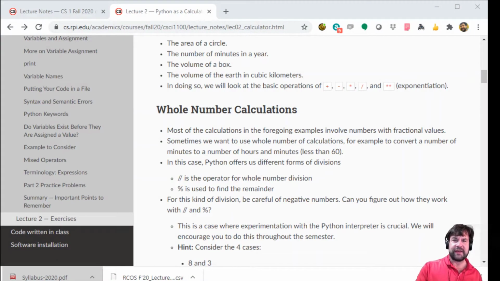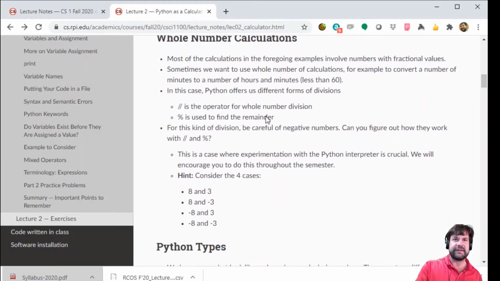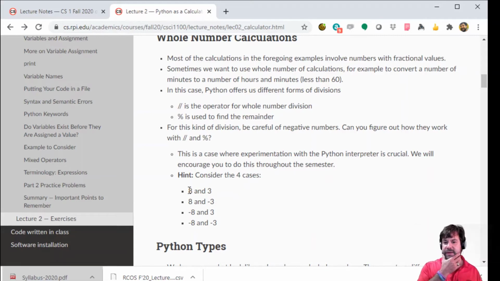One interesting thing about the modulo function and the integer divide is seeing how they work with positive and negative numbers. Integers can be effectively minus infinity to plus infinity. We run out of space eventually, but they can get very big and very small, very negative.